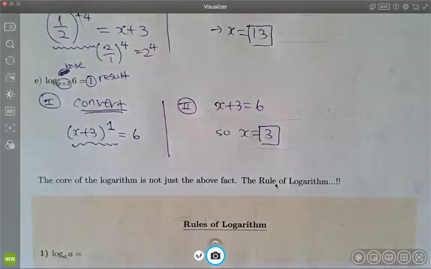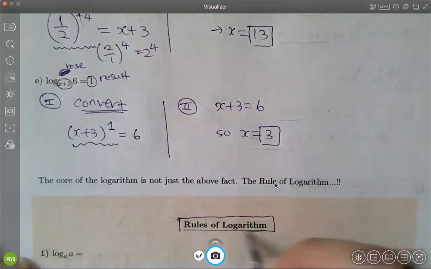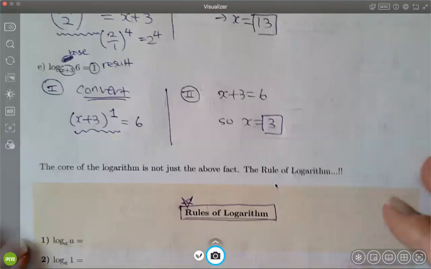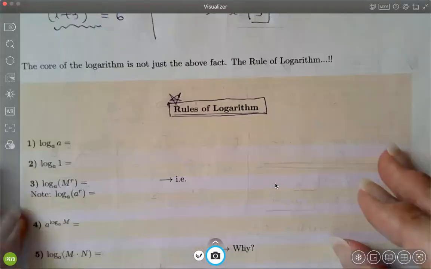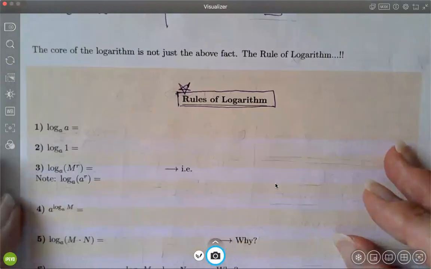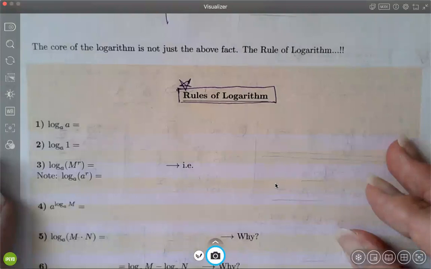It's the rules of logarithm. This is so important that it will reappear a lot of times in future problems. So we will fill in these blanks and that will be it for the day.